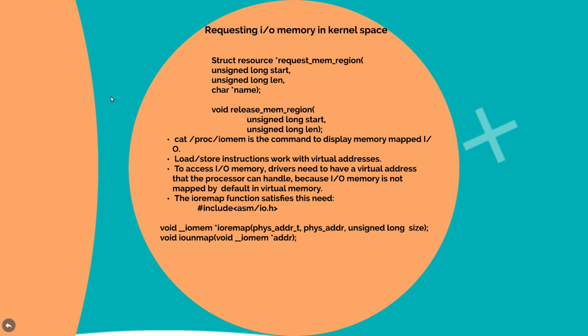To access the IO memory, drivers need to have the virtual address that a processor can handle, because the IO memory is not mapped by default in virtual memory. To get the kernel virtual address, there is a special function, which is ioremap, and we can unmap also by using iounmap. So these are the function calls where we can use this.